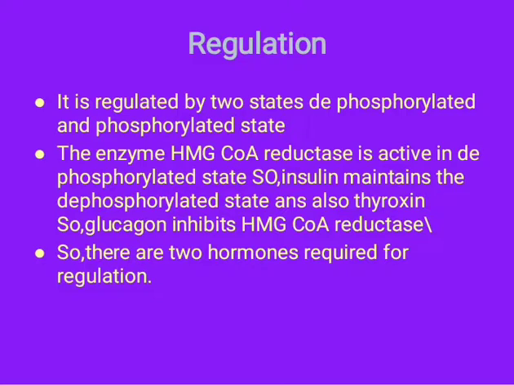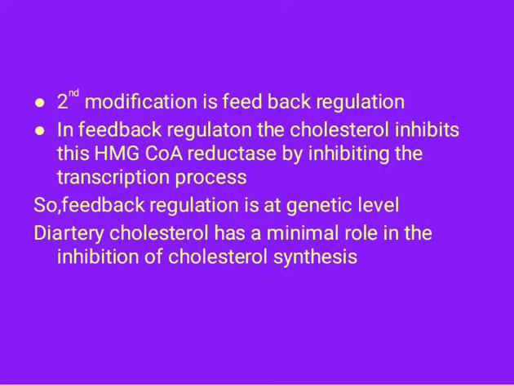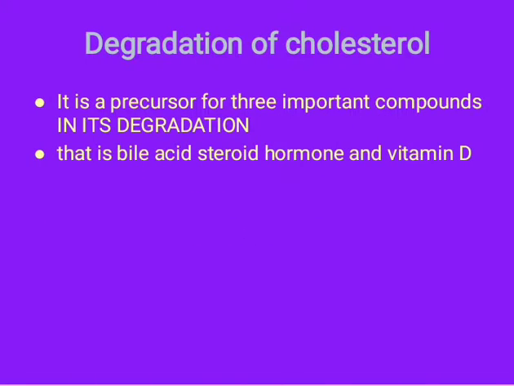The second modification is feedback regulation. In feedback regulation, cholesterol inhibits HMG CoA reductase by inhibiting the transcription process, so feedback regulation is at the genetic level. Dietary cholesterol has a minimal role in the inhibition of cholesterol synthesis.